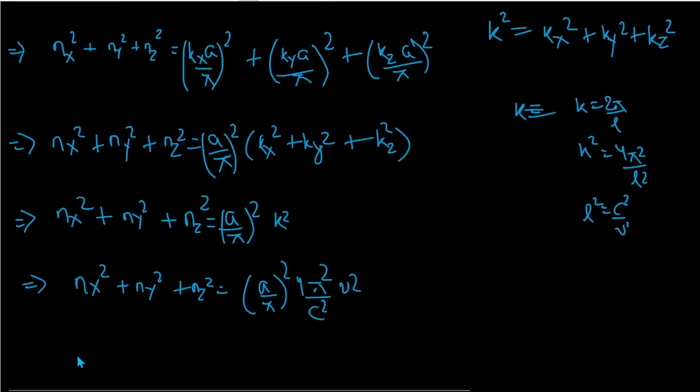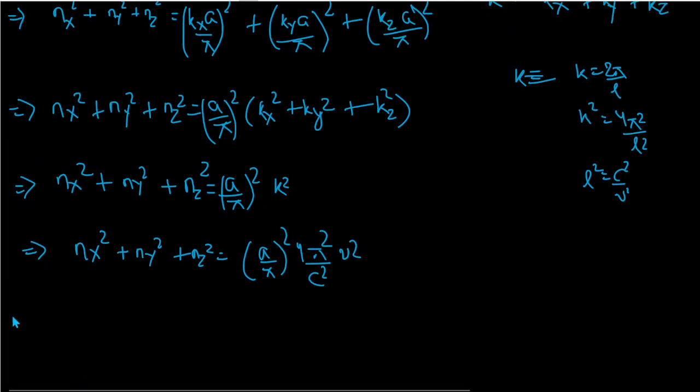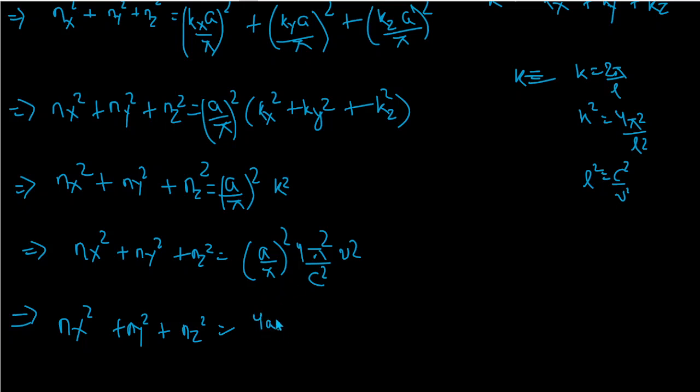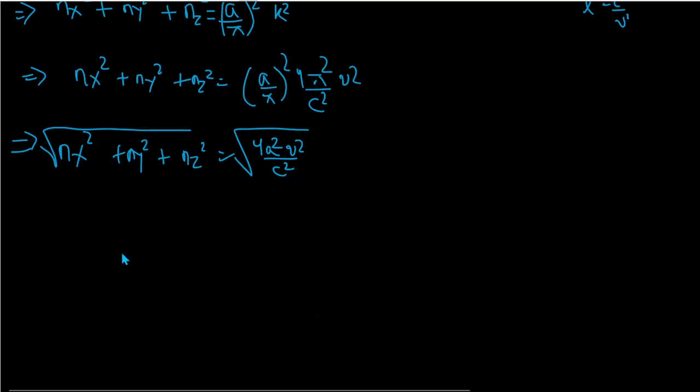And in the next step, we can write this as nx square plus ny square plus nz square is equal to, pi square will cancel out, 4a square mu square divided by c square. Taking the root, what will happen?